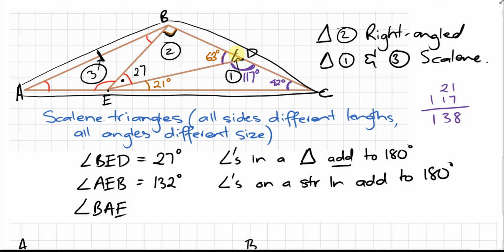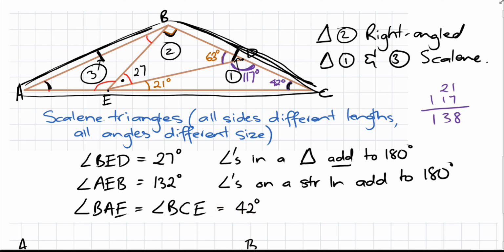So remember those 2 little sticks there mean that this side is the same length as this side here, which means that these 2 angles, so angle BAE is equal to angle BCE, which is equal to 42 degrees.